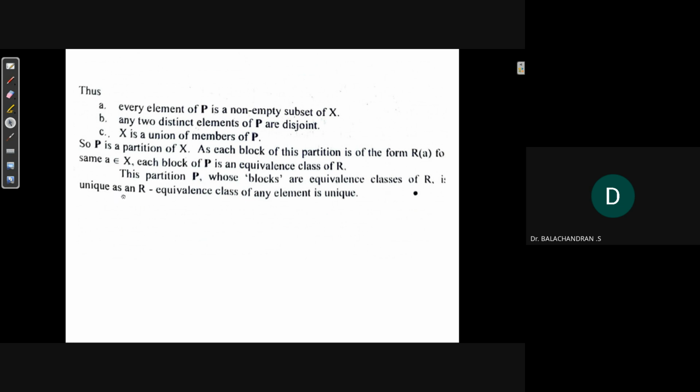Why is it unique? Because the equivalence class of any element is unique. That's why this partition is also unique.